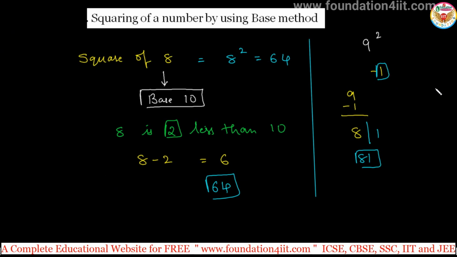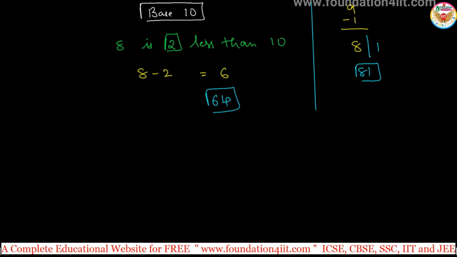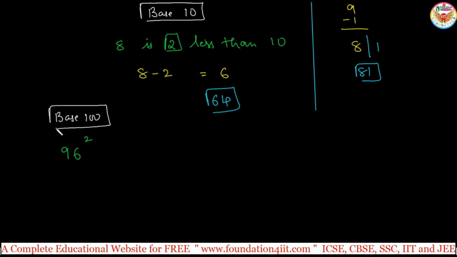Let us go for bigger numbers. Now let us take 96. You get the idea now. For example, 96 square you need to find out. So step 1. In mind, the first step immediately, we should think 96 is how much less than the base 100, because 96 is close to the base 100. Base 100 is what we are taking for 96. So 96 is 4 less.